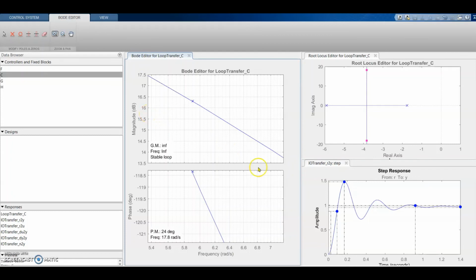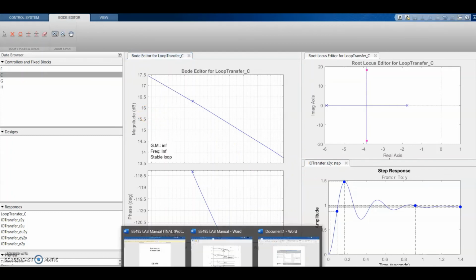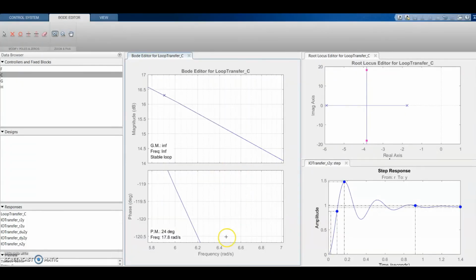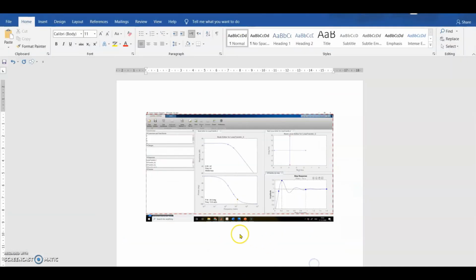So the two things we have to note are 6.16 and 15.7. 6.16 is omega gc nu, and attenuation Ka is 15.7.